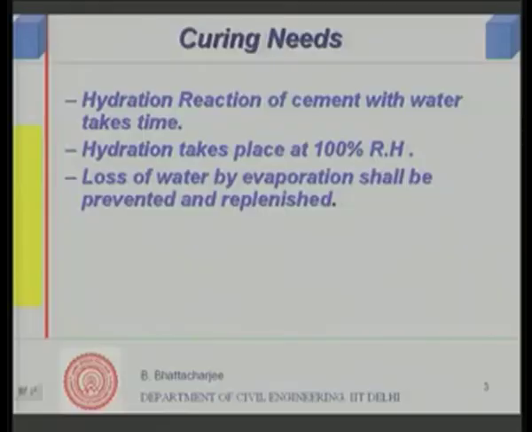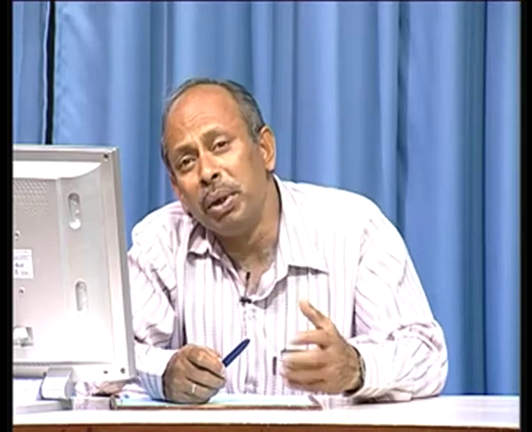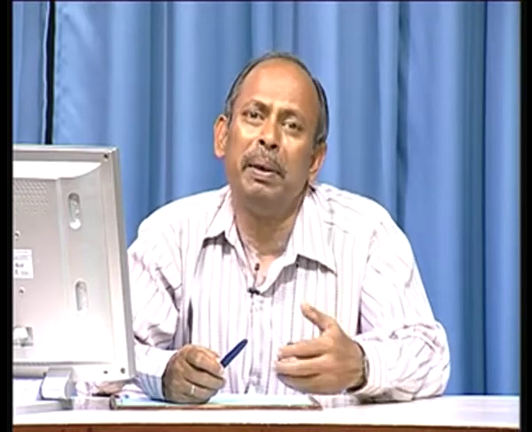But if you expose it to the atmosphere, most of it will evaporate. So, there is a loss due to evaporation. Therefore, the 100% relative humidity condition will not be maintained, that is, the pores will not be saturated with moisture unless you replenish the water that has been lost by evaporation.